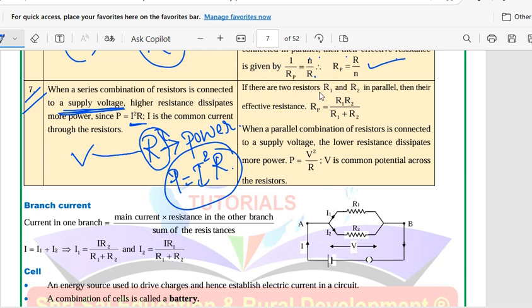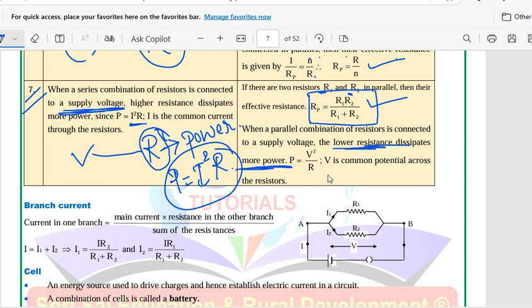If there are two resistors R1 and R2 in parallel, then their effective resistance Rp is equal to R1 into R2 divided by R1 plus R2. When a parallel combination of resistors is connected to a supply voltage, the resistor with the lower resistance dissipates more power.